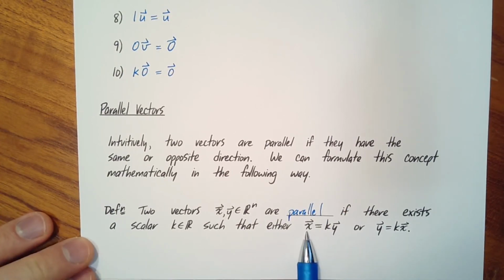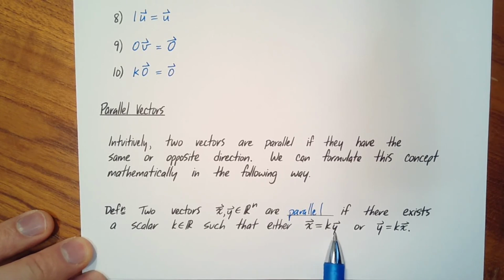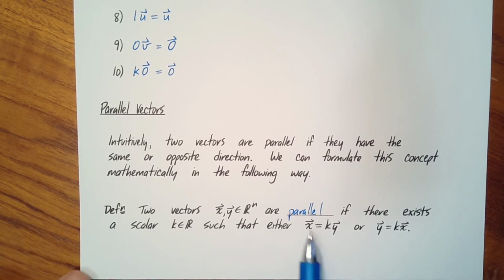Either x is equal to k times y, which would just mean that x is a scalar multiple of y, or y is equal to k times x, which would just mean that y is a scalar multiple of x. It could be either or. If either of these two equations holds for some value of k, then we say that the two coordinate vectors x and y are parallel. Okay, so that's the definition of parallel vectors.